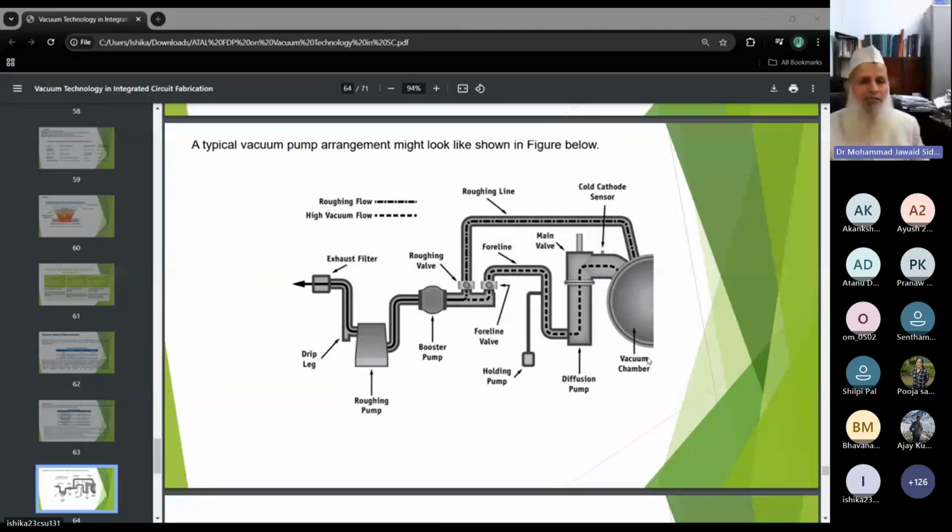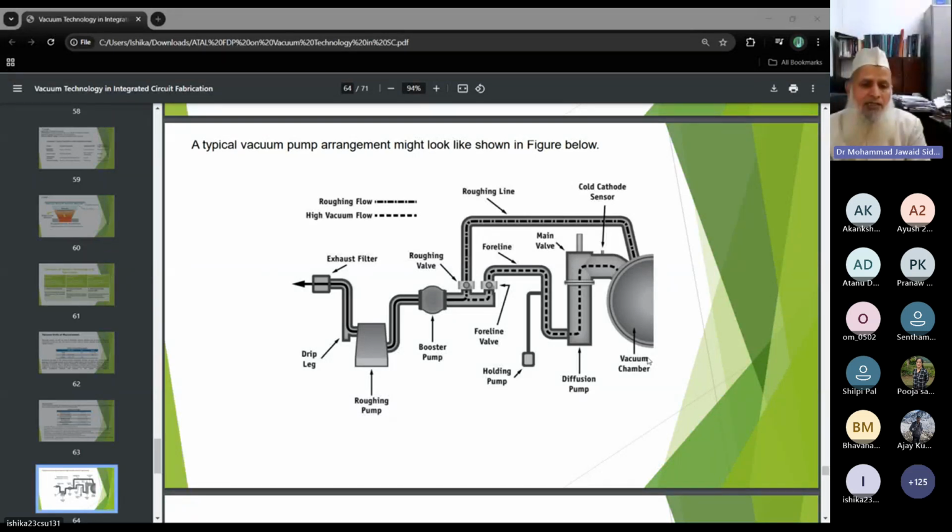Now, how is the high vacuum created inside the chamber? Different pumps are used. The starting pump is the roughing pump, which is initially used to take material out of the chamber via the line given. You see in this figure, the roughing pump is started.